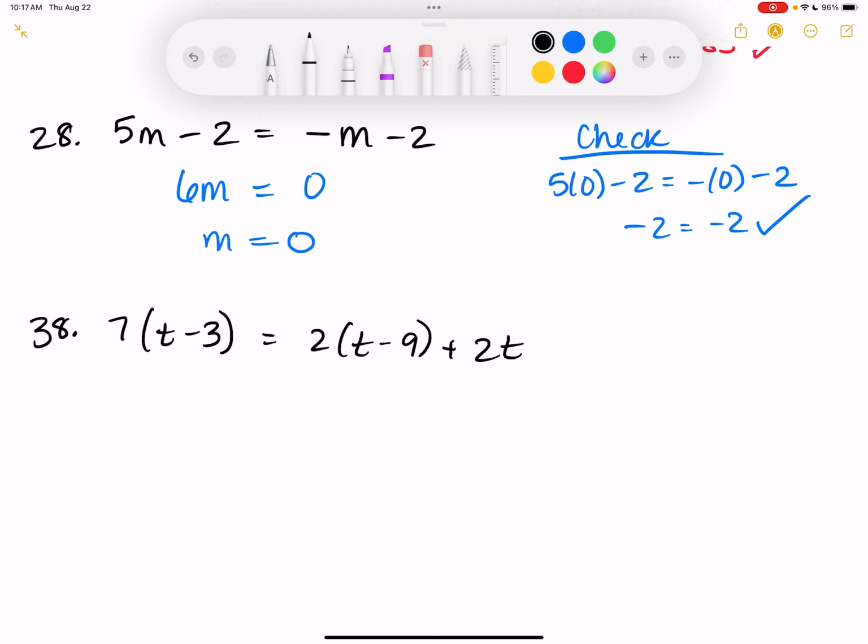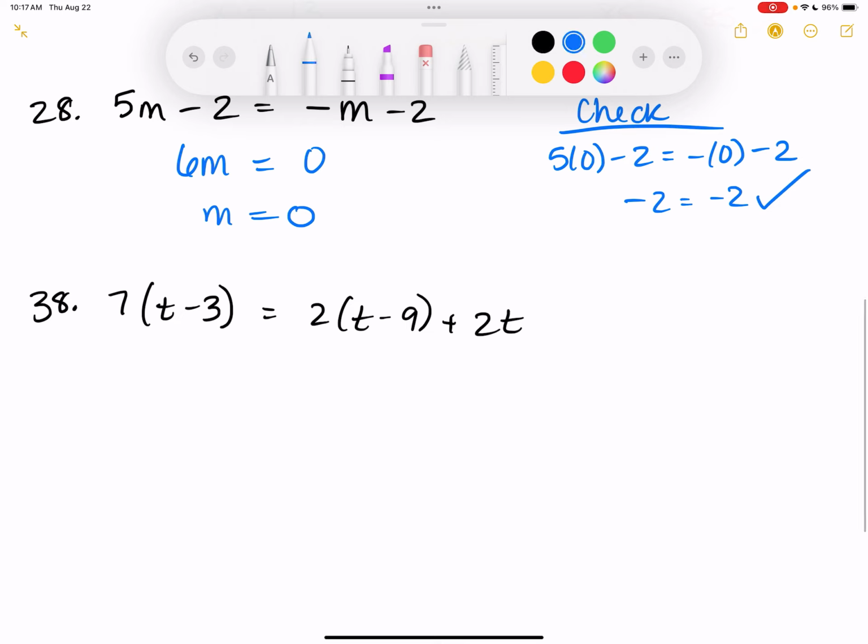Distribute first. So I get 7t minus 21 equals 2t minus 18 plus 2t. Now move all the variables over. So I'm moving a 4t to the left, so that is 3t equals, add 21, gives me 3. So t equals 1.